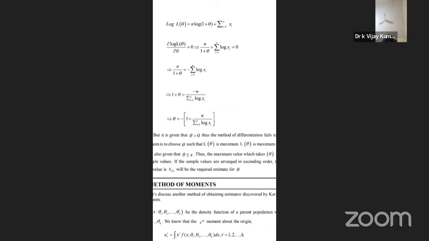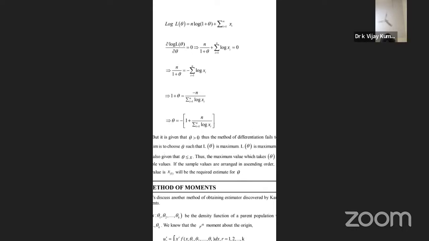Now consider the log function. Applying the log, log L of theta is equal to n log (1 plus theta) plus theta times the summation of log xi from 1 to n. When we take dou log L by dou theta and set it to 0, we also take the second derivative. Dou log L of theta by dou theta is equal to n by (1 plus theta) plus summation of log xi is equal to 0.